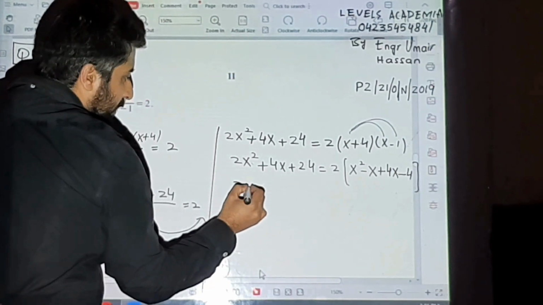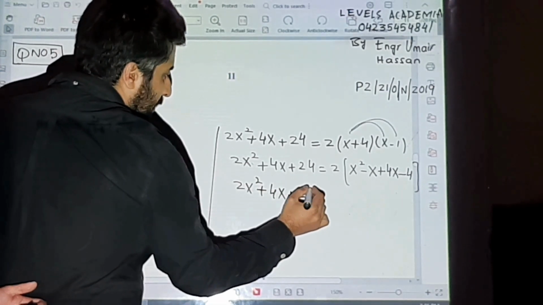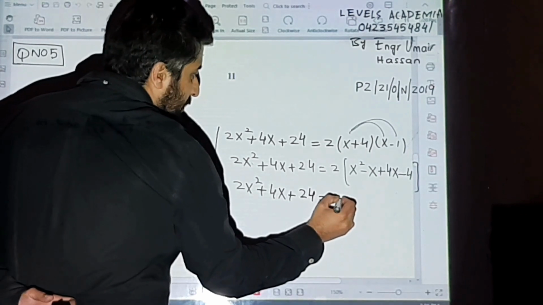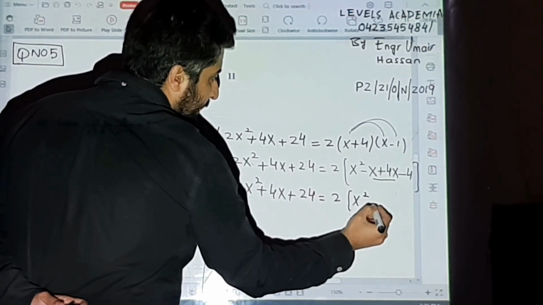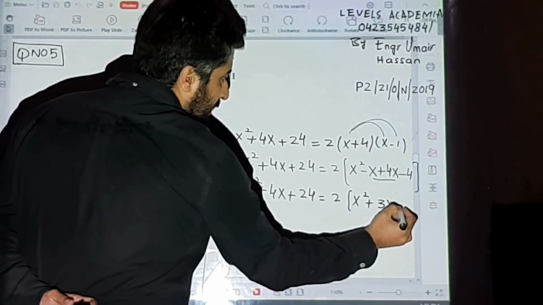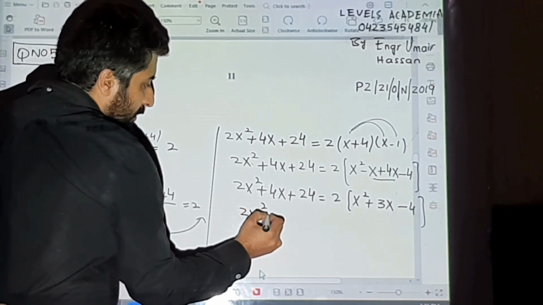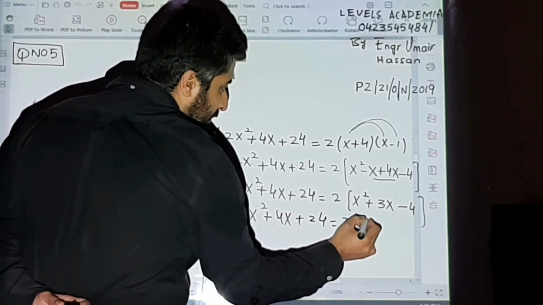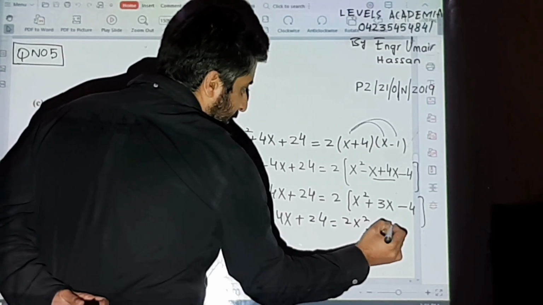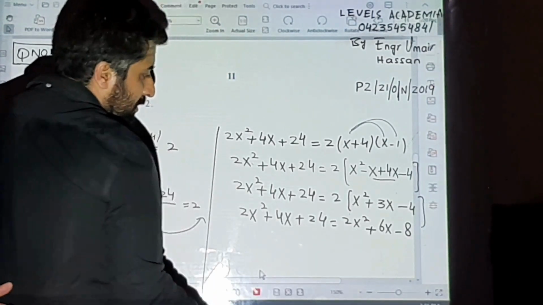So, it will be 2x square plus 4x plus 24 equals 2x square minus x plus 4x is plus 3x minus 4. Further simplification for this is required. Left side will be same, right side will be 2x square plus 6x minus 8. 2 will be multiplied inside the bracket with all the terms.